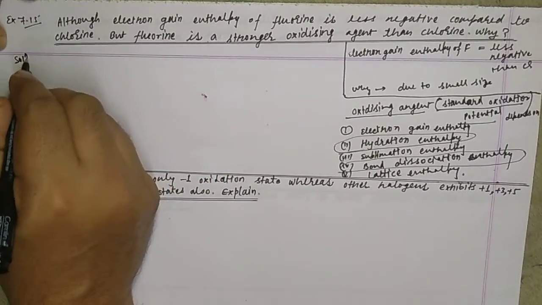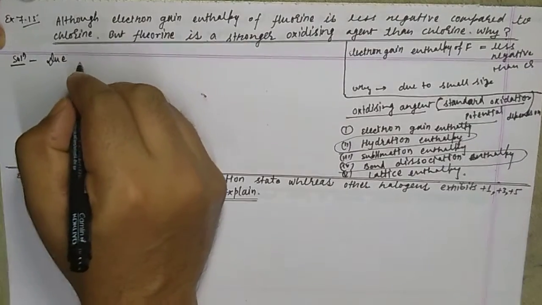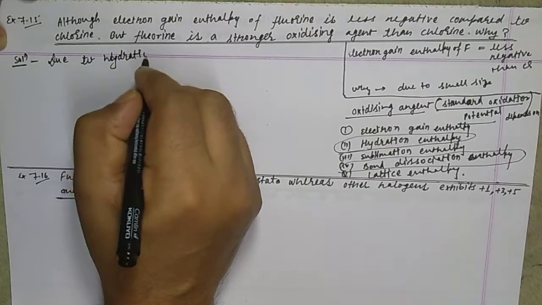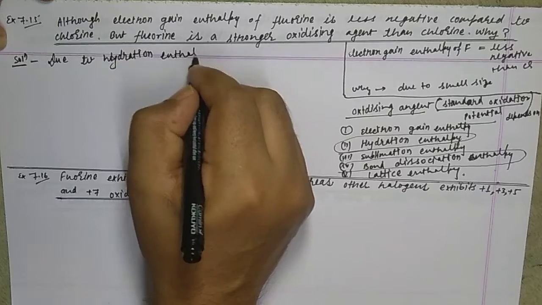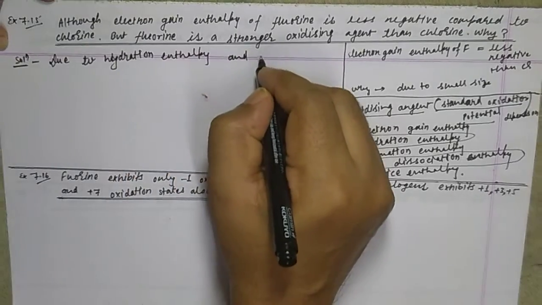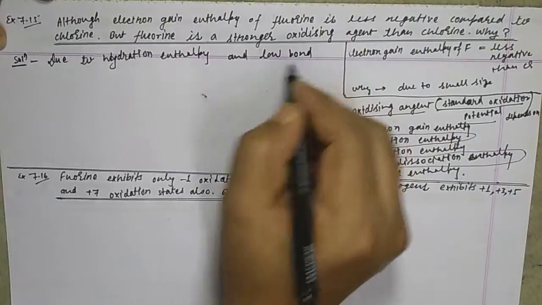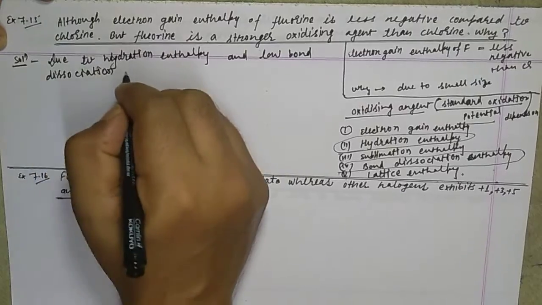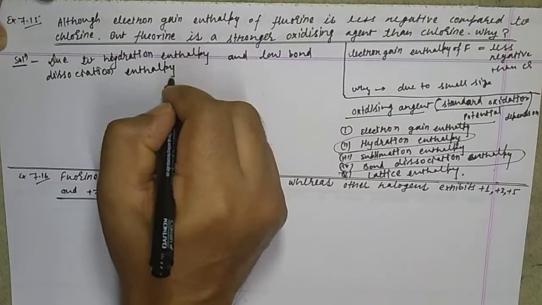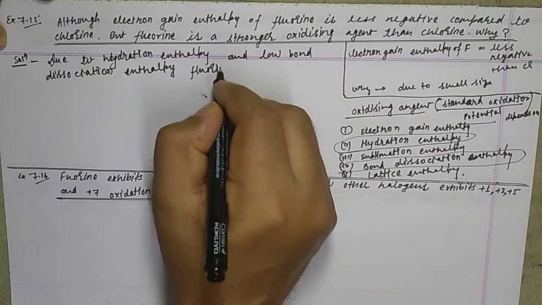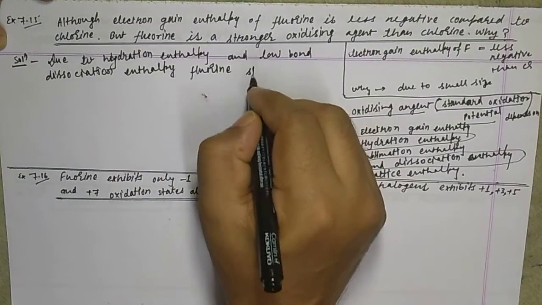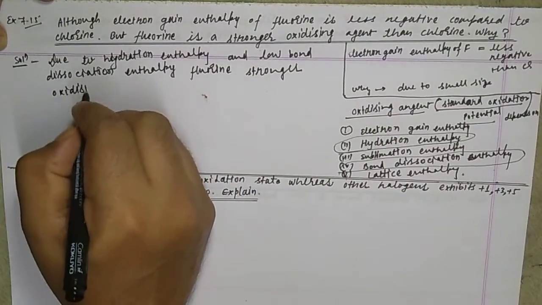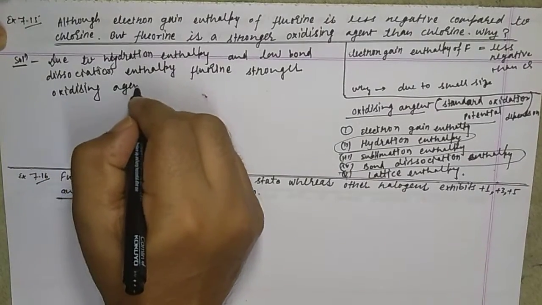Solution: due to higher hydration enthalpy and low bond dissociation enthalpy, fluorine is a stronger oxidizing agent than chlorine.